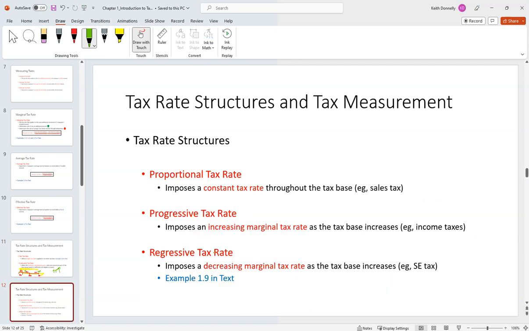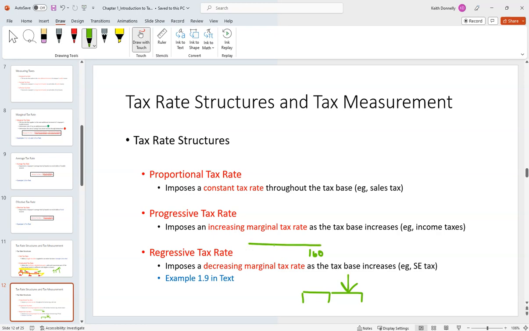In distinction, a regressive tax rate is when you go from one bucket to the next and it gets smaller. For example, self-employment tax, sometimes known as FICA, is what they use to fund Medicare and Social Security. It changes from year to year, it's probably something like 160 grand.